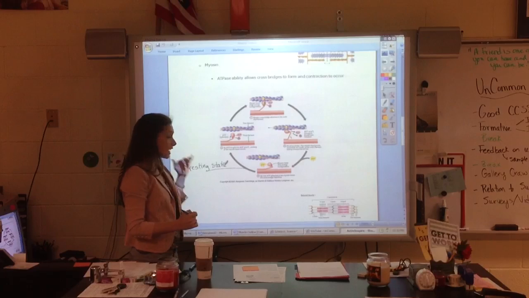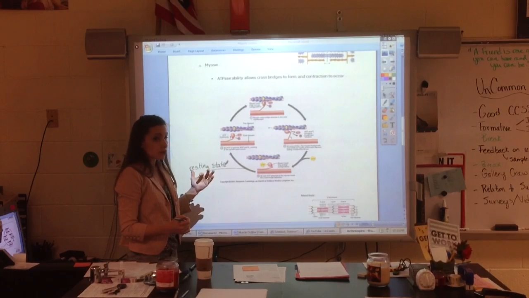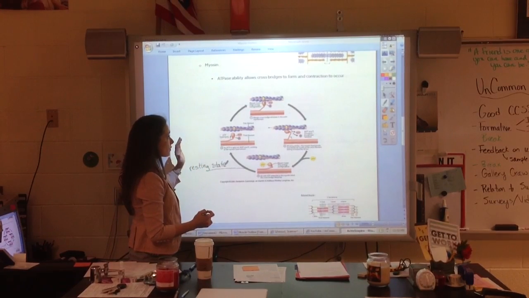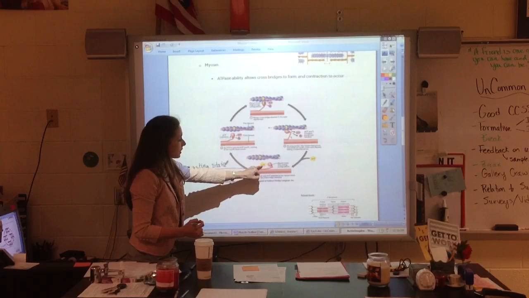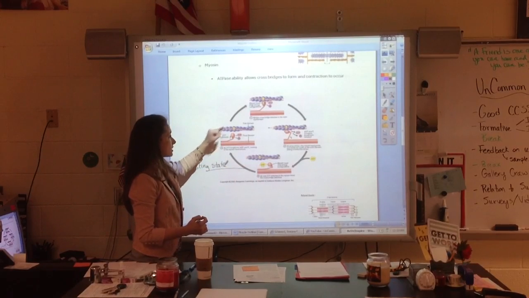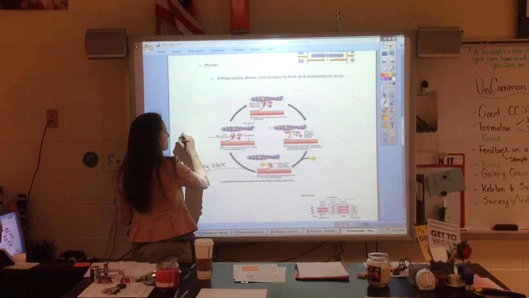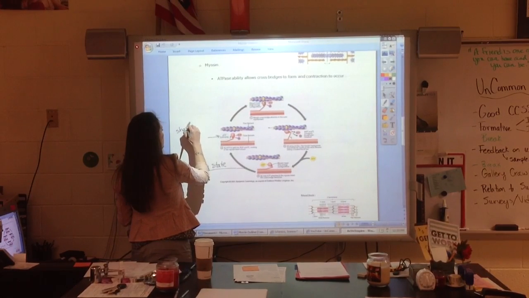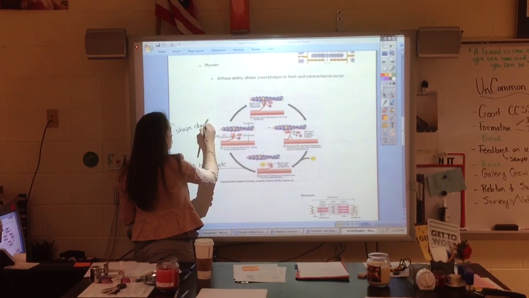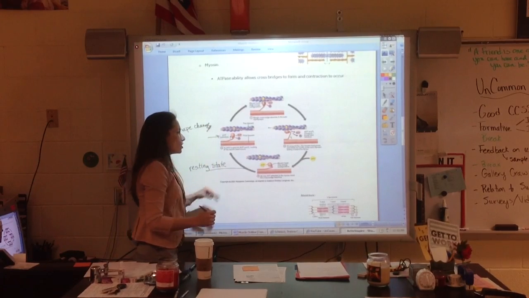And what has to happen in order for a muscle to contract is for ATP to be broken down. So when ATP is broken, ATP hydrolysis, this is going to allow a shape change or conformational change in the protein.